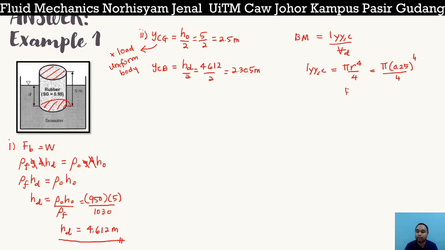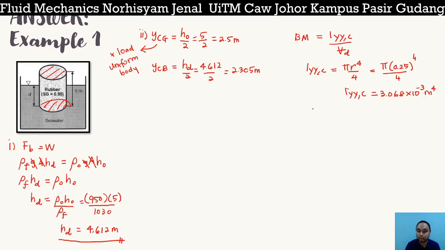So your IYYC should equal to 3.068 times 10 to the power of negative 3 meter to power of 4.